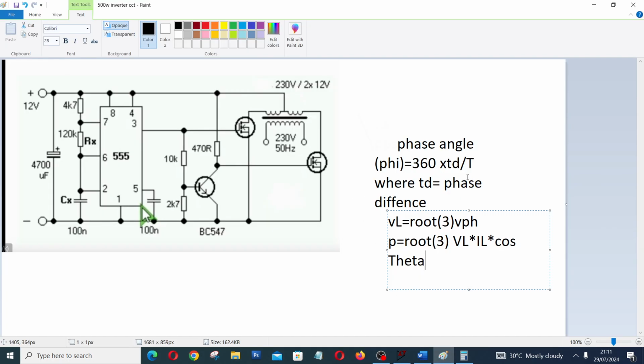To find the phase angle is just like the same way we have been doing it. The phase angle is 360 multiplied by TD over period. So let's bring out our calculator.